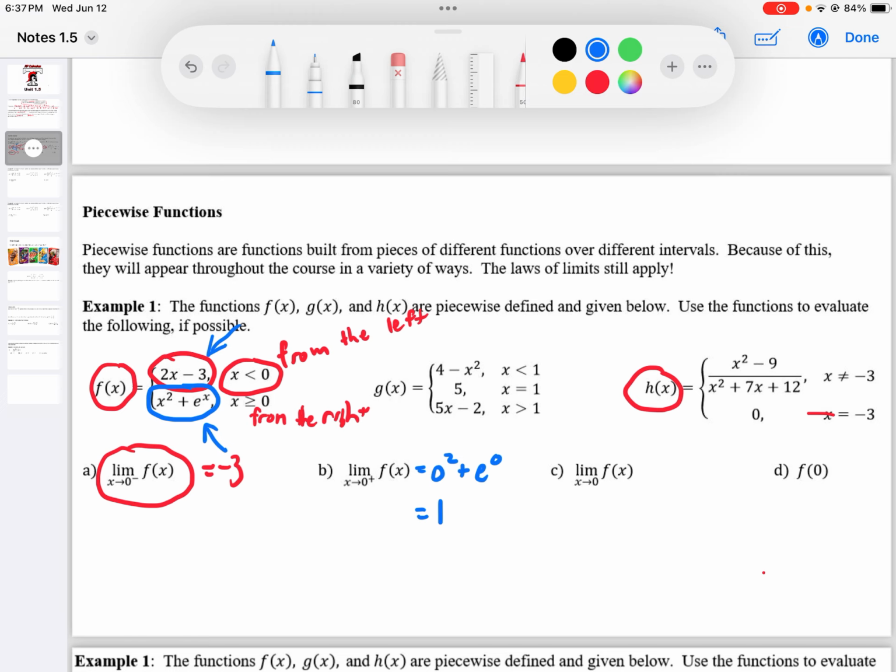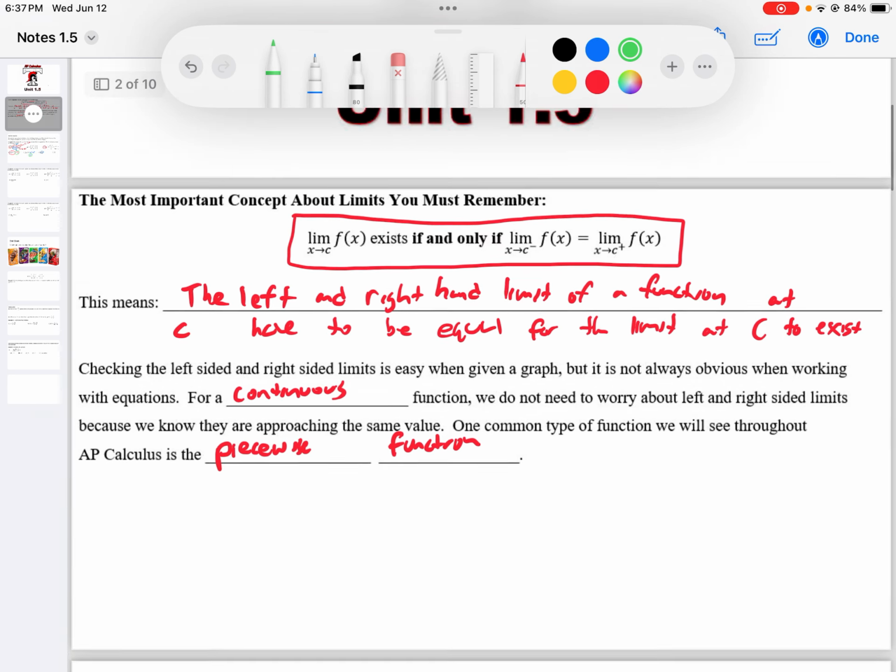All right, the limit of the f function as x approaches 0. So this is a double-sided limit. It's wanting to know what's the limit as x approaches 0 of f of x. Well, if I look at these last two limits, if they're not equal to each other, if they're not approaching the same number, what does that tell us?